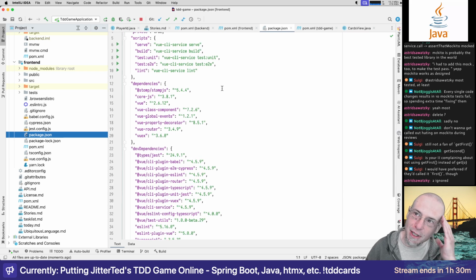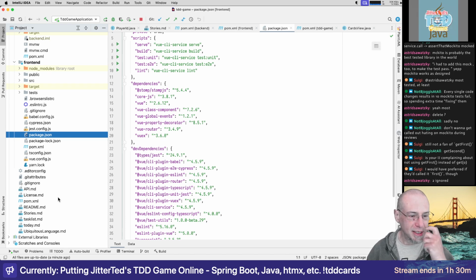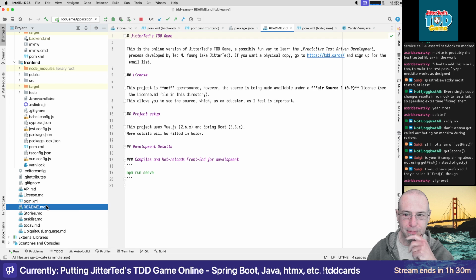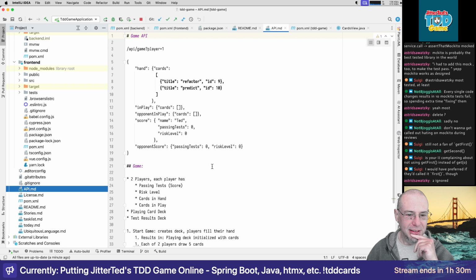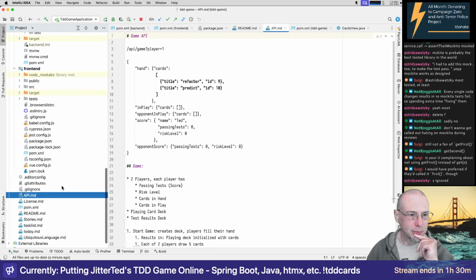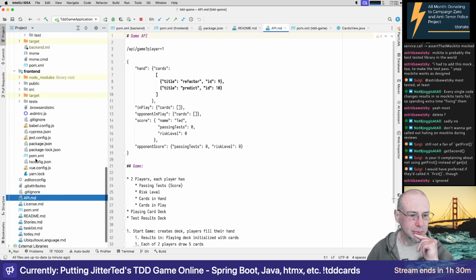I remember something around having to run something for proxying. Did I give myself a README on how to run it? No. Oh, past Ted. Blech.